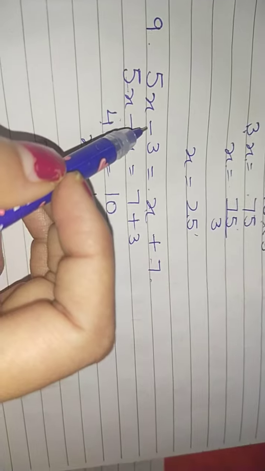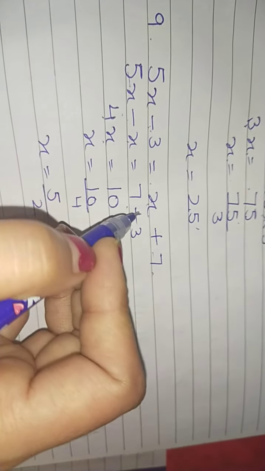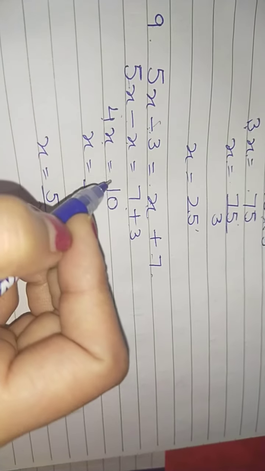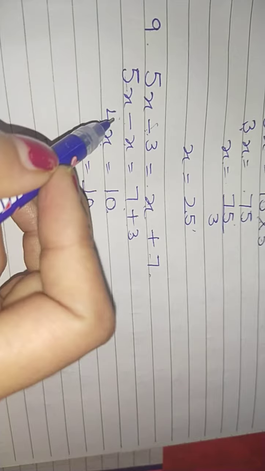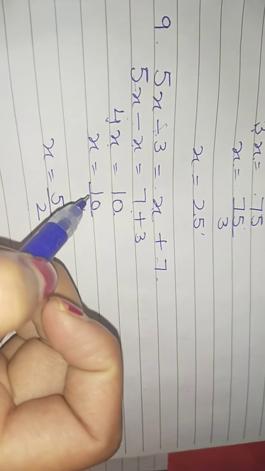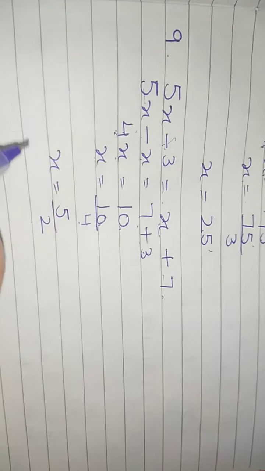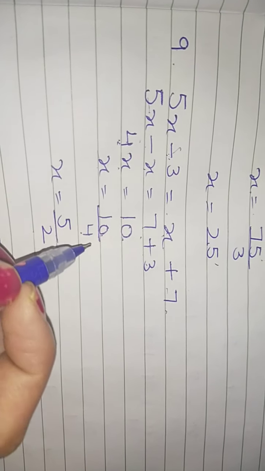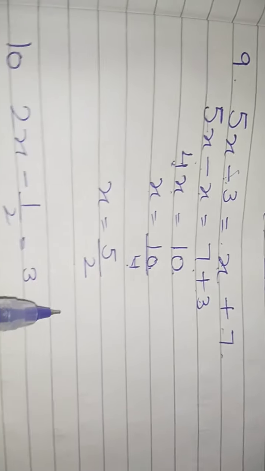And we have also transposed this 3 on the right hand side, so it becomes 7 plus 3. So 7 plus 3 is equals to 10. Thus the value of x is equals to, now this 4 is transposed, thus the value of x will be 10 upon 4, and on cancellation we will get x as 5 upon 2. 2 2s are 4 and 2 5s are 10. Therefore x is equals to 5 by 2.